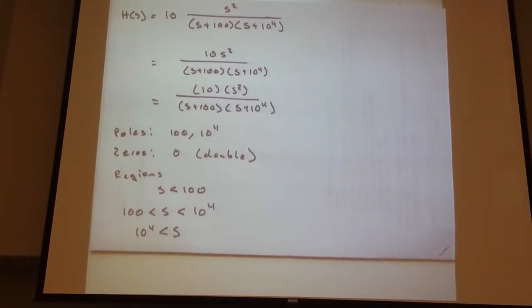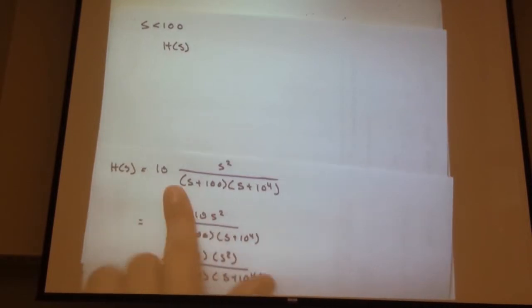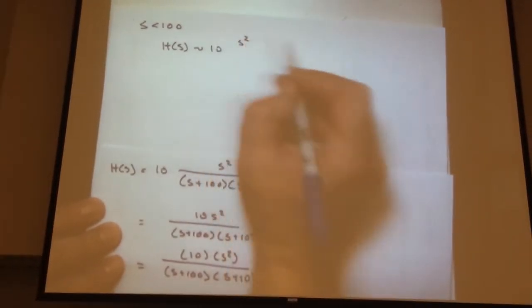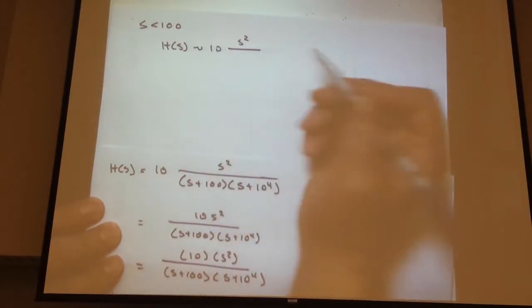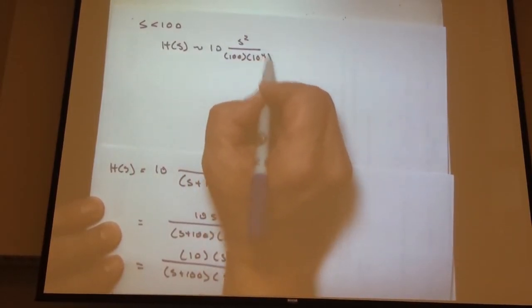I'm going to write those again on another paper, give myself some more room. So s less than 100, and H of s in this case is approximately what? Well, again, we keep all the dominant terms. 10 is a dominant term no matter what. So approximately 10 s squared over 100, 10 to the 4.